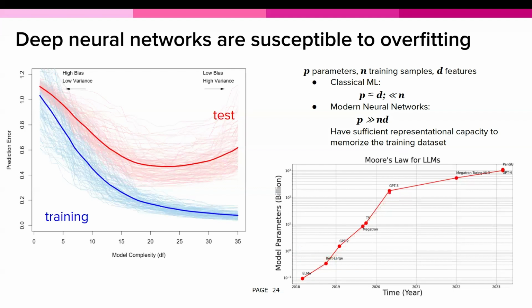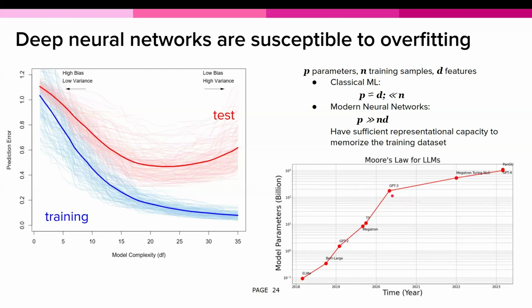You might remember GPT-3, which kind of broke the internet when it came out sometime during the pandemic. That had 175 billion parameters, just below this 200 billion parameter mark here.